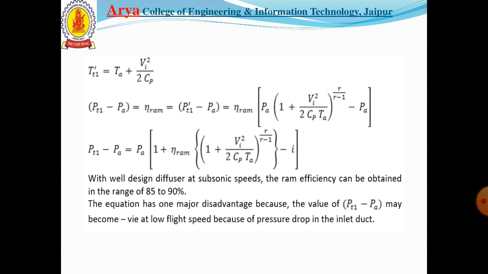With a well designed diffuser at subsonic speed, the ram efficiency can be obtained in the range of 85% to 90%.